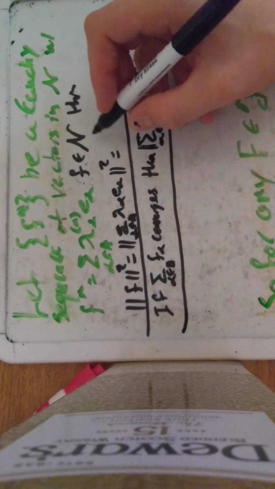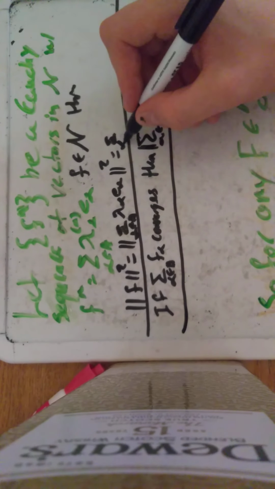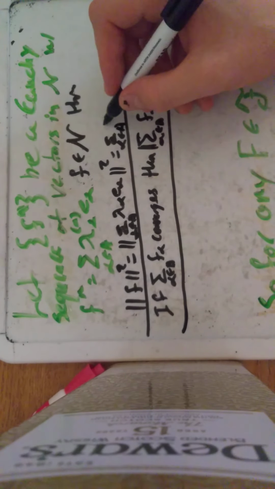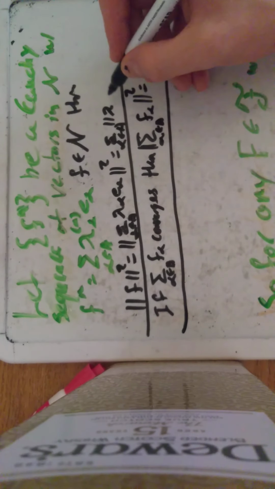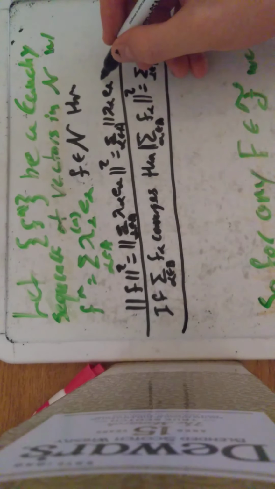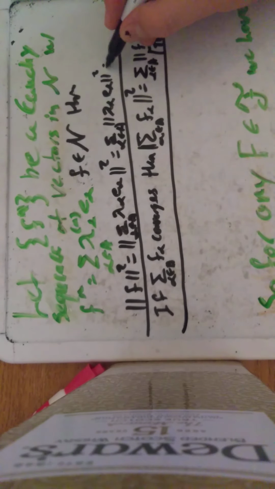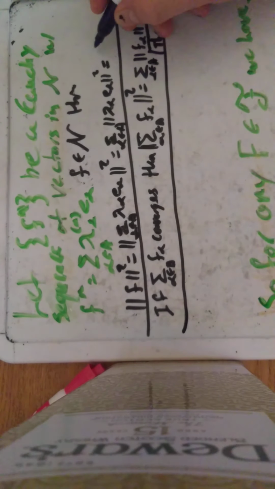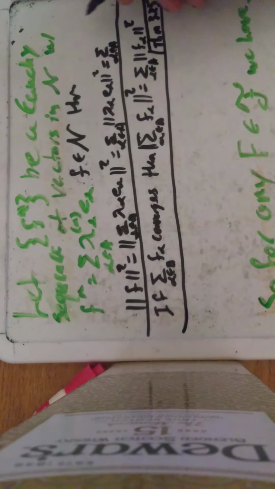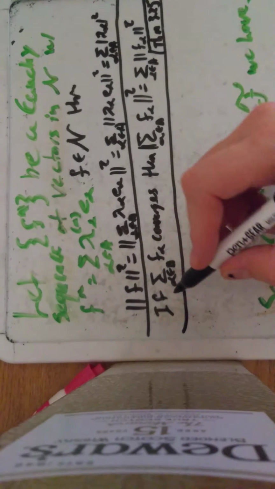So this is equal to the sum over alpha in A of the norm squared of lambda_alpha e_alpha. But this is just, as discussed before, the sum over alpha in A of the norm of lambda_alpha squared.